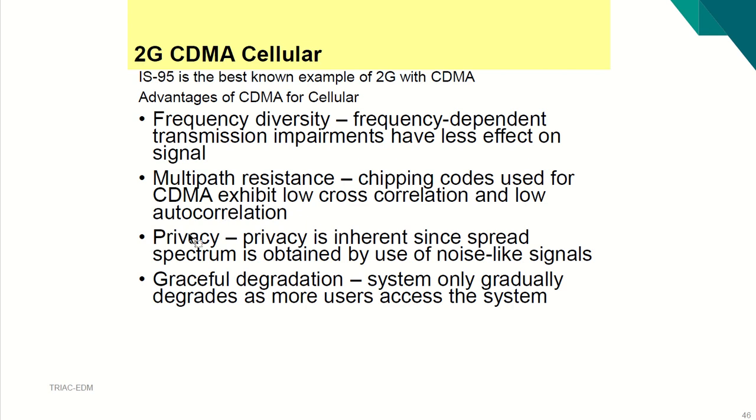And also the privacy. Privacy is inherent since spectrum is obtained by use of noise-like signals, meaning that the CDMA code division has a code.